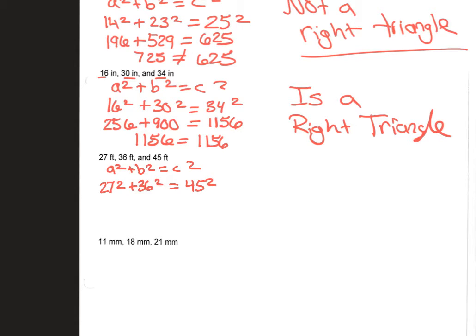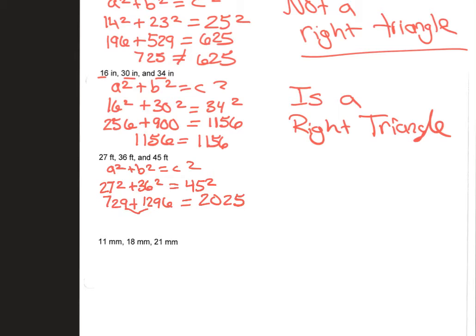Use your calculator. 27 squared is 729 plus 36 squared is 1,296, and then 45 squared equals 2,025. Add them together.